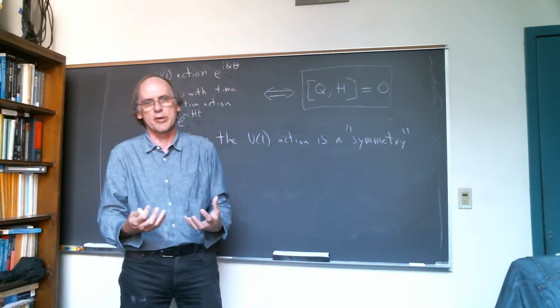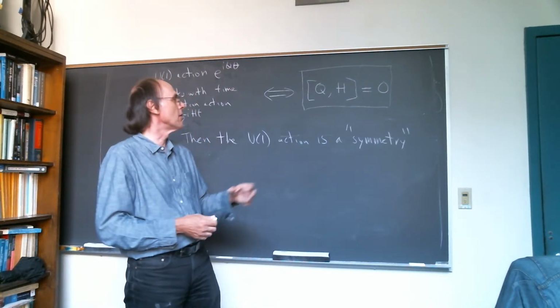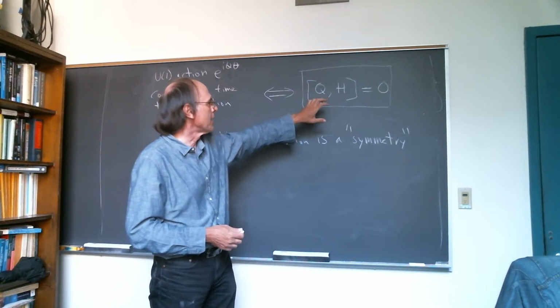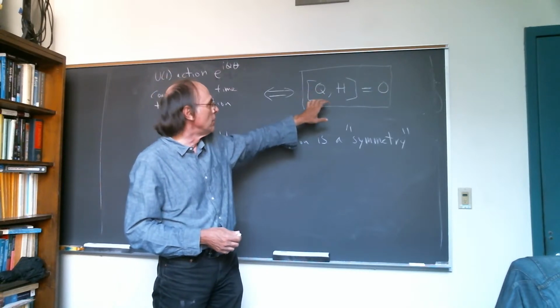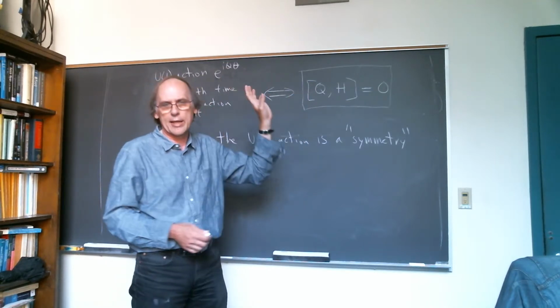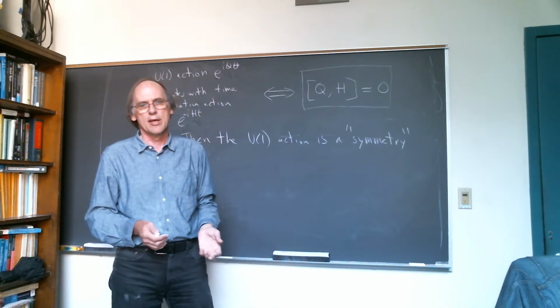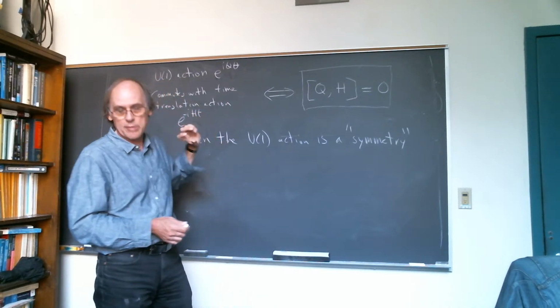If it is, then you say you have a symmetry, and you apply Noether's theorem to get a corresponding observable. So this is coming at the problem from a very different angle. We're not doing Lagrangian mechanics, we're doing Hamiltonian mechanics.